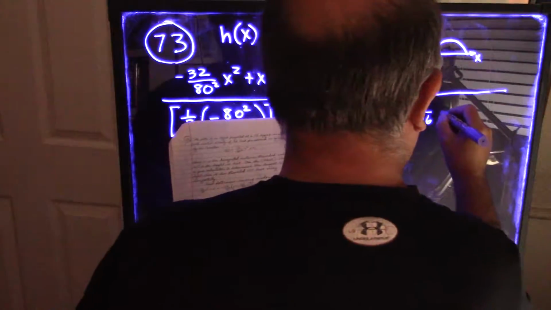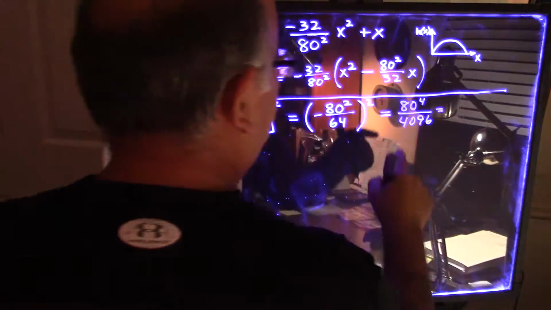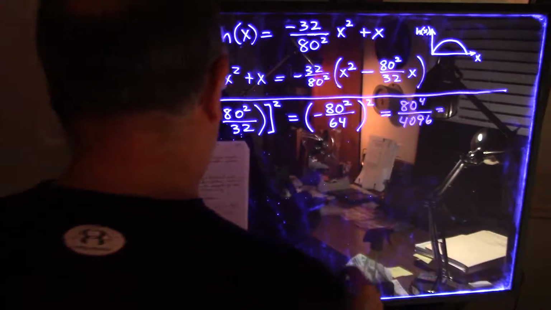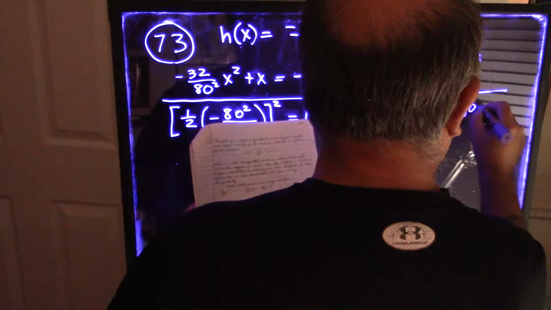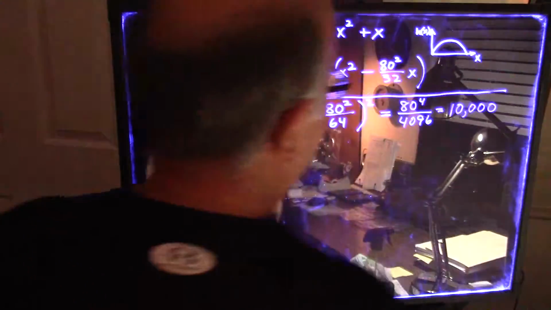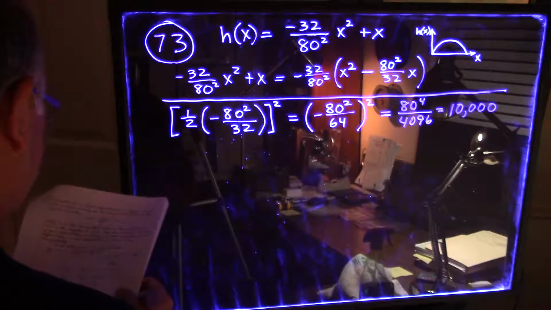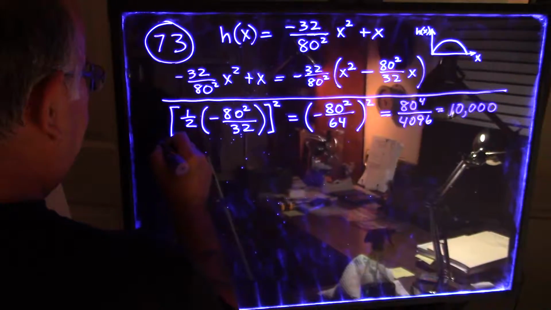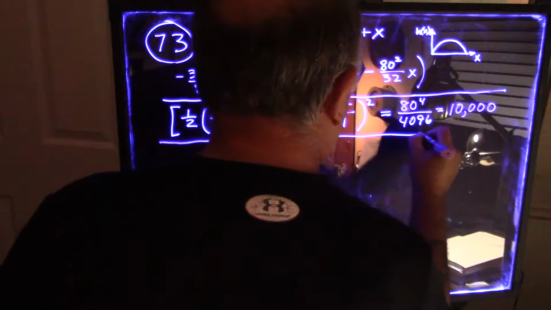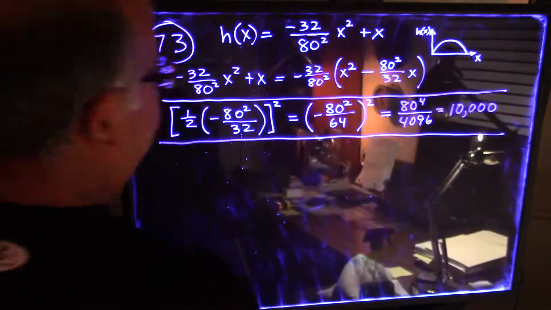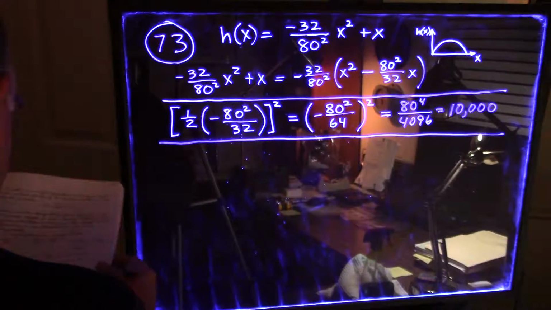This comes out very nicely. When you punch that into a calculator, you should get 10,000. That's not bad at all. I thought it was going to be pretty nasty, but it's not too bad. So let me put another line here separating the scratch work. Now we'll get back to this.